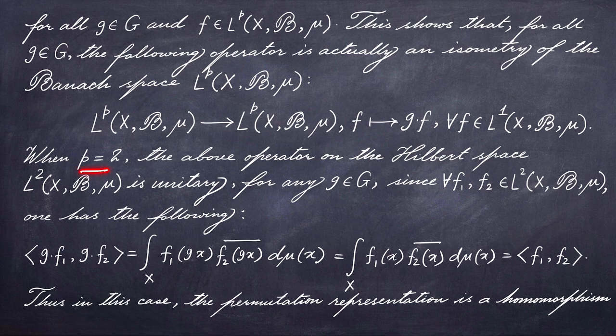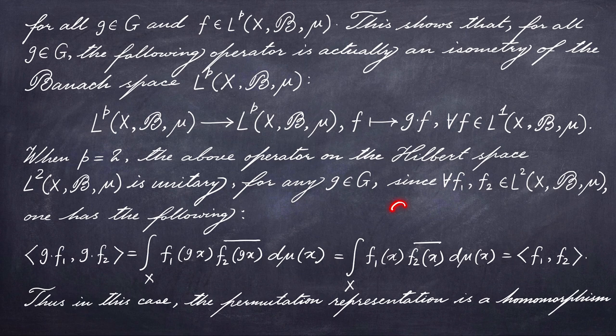The map from L2 to L2, sending each f to gf for any given g, is unitary because if we take two functions, then the inner product of gf1 and gf2 is the same as the inner product of f1 and f2. Thus for each g, the map that we get is a unitary operator on this L2 space.